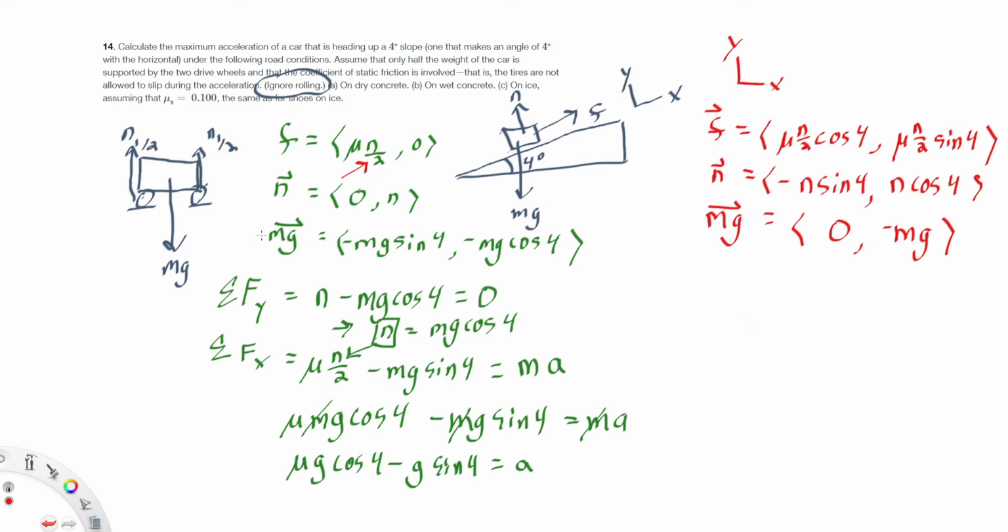If we only considered 1/2 the weight down here, that would be like we were only considering the acceleration of half the car. But it's not half the car we want to analyze. We just know that only the friction from the front tires is going to accelerate us.